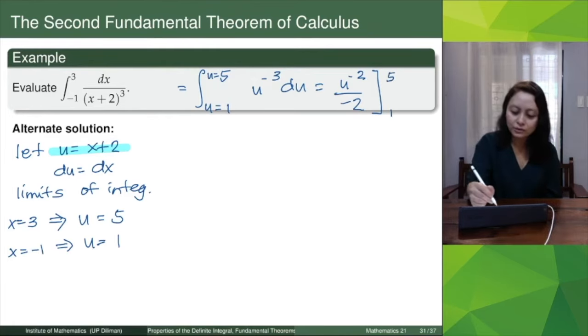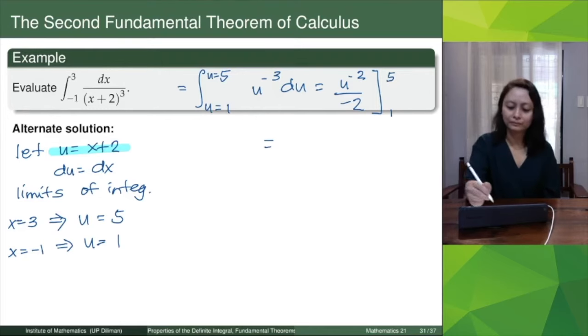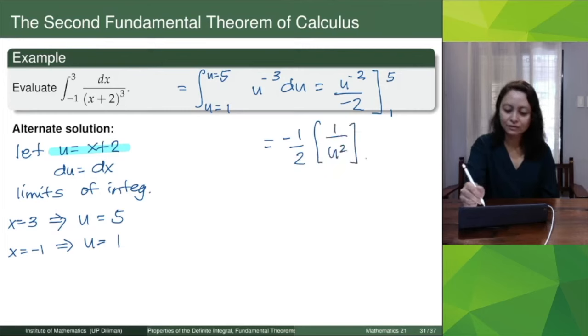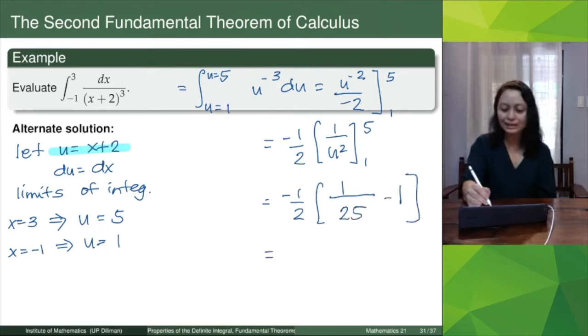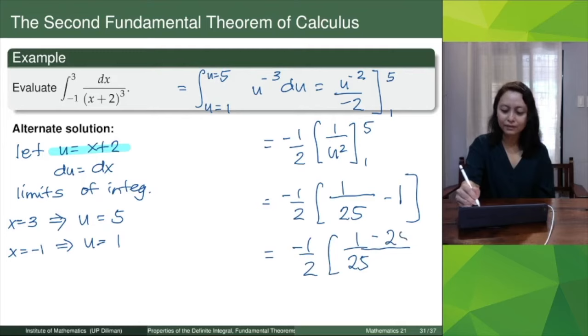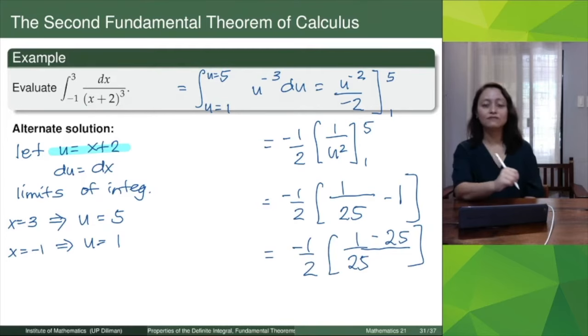Okay, so you have, yan, factor out ulit natin, negative 1 half. Tapos, diba ito, 1 over u square, evaluated from 1 to 5. So, negative 1 half, 1 over, so 5 muna, 1 over 25 minus 1. Ganun din makukuha natin, negative 1 half times 1 over 25 minus LCD na, 25 over 25.